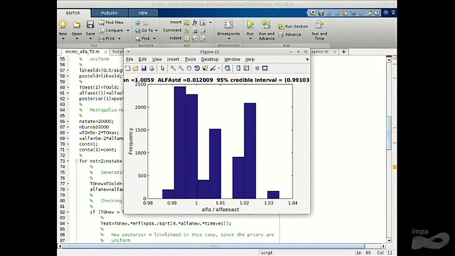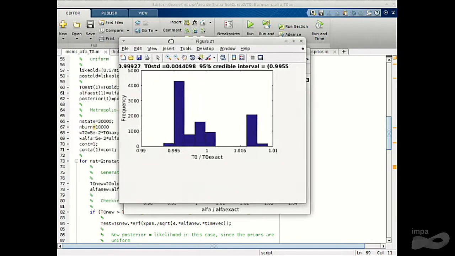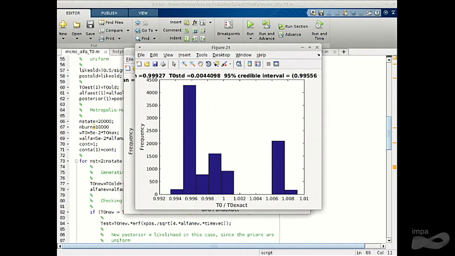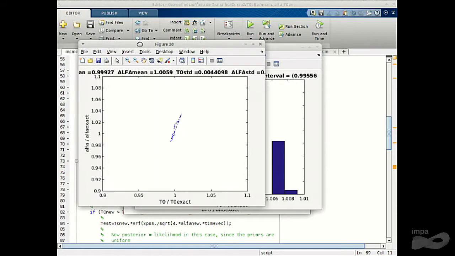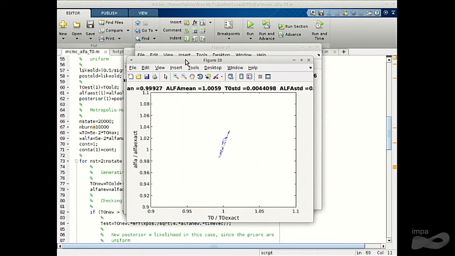Same thing here for T0. And you see that whatever was expected to represent the posterior density, there are very few states there. It looks more or less like the first picture that we saw, but there are not many states.